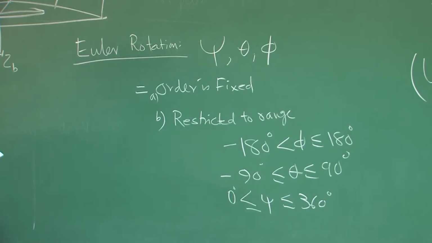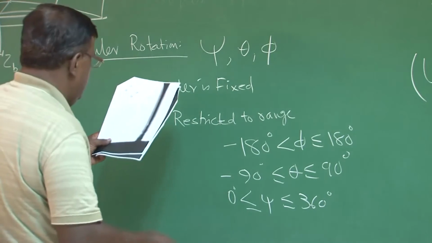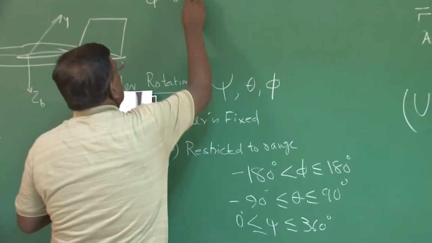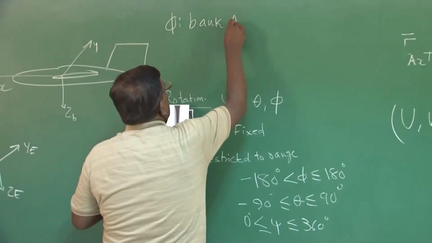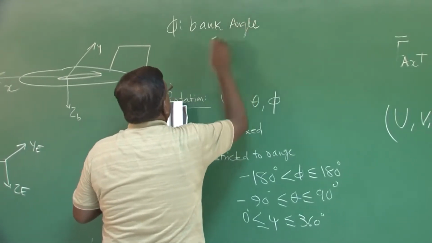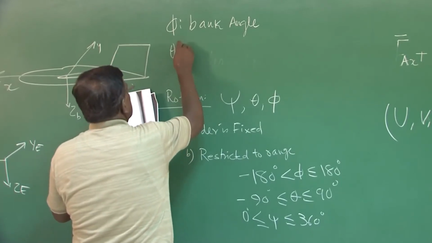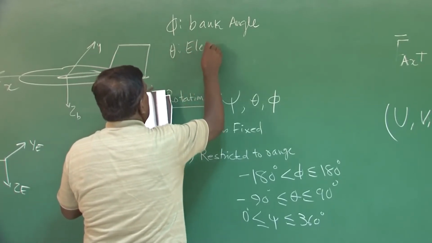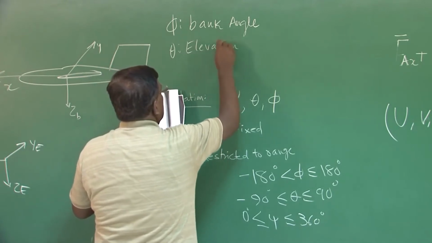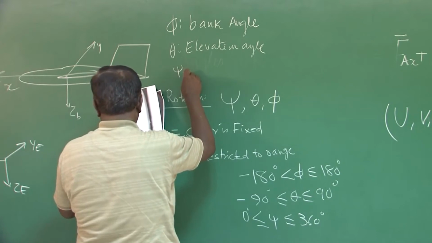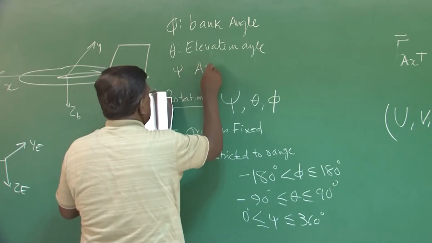Okay, and there is a special name given for psi, theta, phi, where phi we call the bank angle, theta is called the elevation angle, and psi is called the azimuth angle.